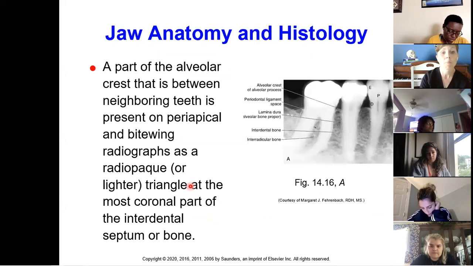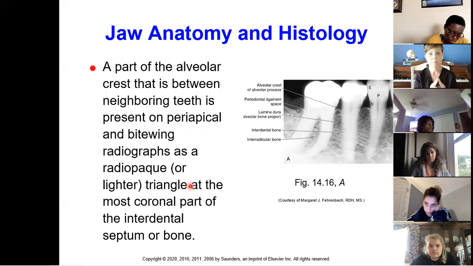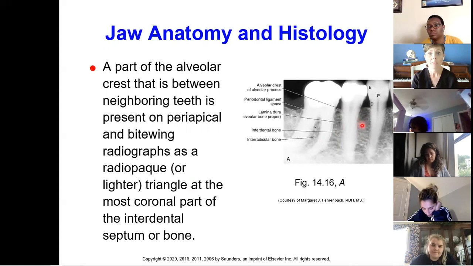All right, so the part of the alveolar crest that is in between neighboring teeth is the interdental septum. On a bite wing, it would be what is in between the teeth, okay? So that would be your interdental septum or your interdental bone, okay?